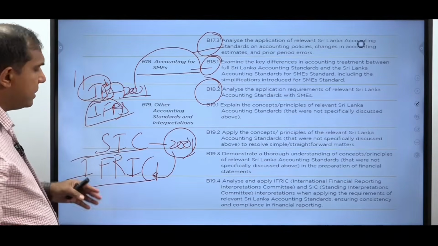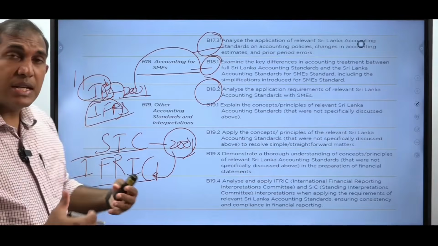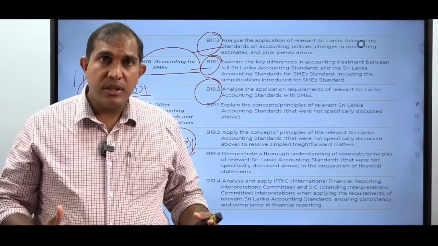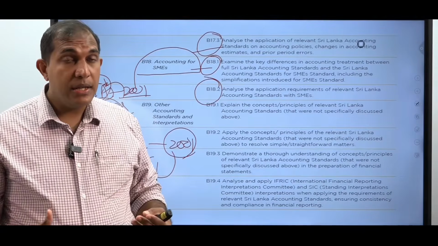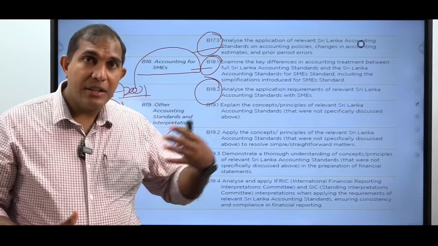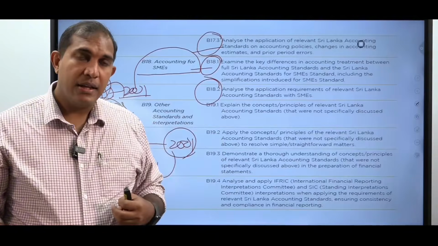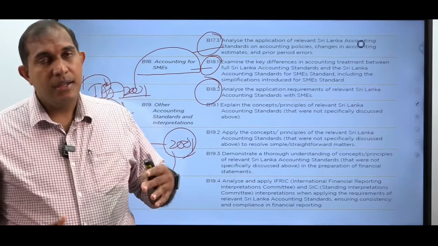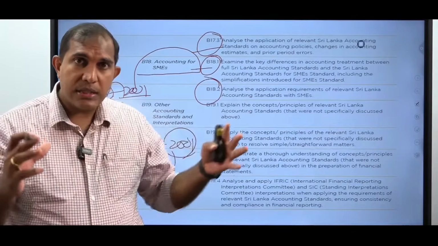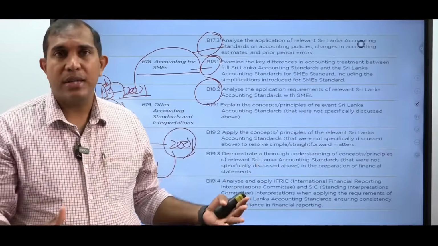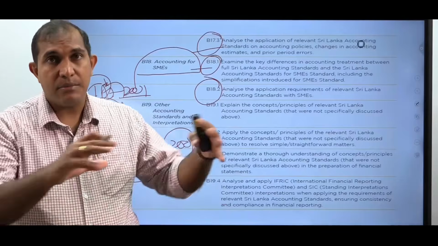SIC and IFRIC interpretations. If there is a new thing in the world, what IASB is doing, they are giving an interpretation immediately, right? Then maybe later they can incorporate all these things and issue a new accounting standard covering that particular area.